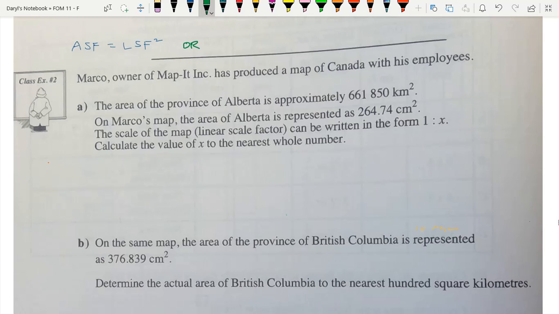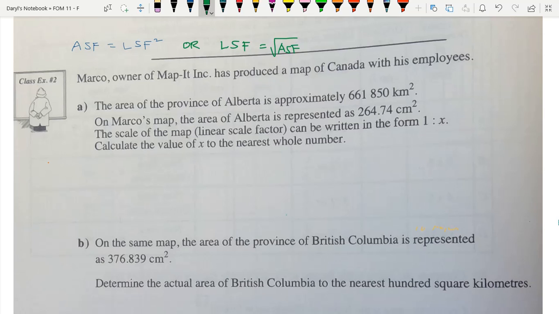We can also say that we can get the linear scale factor by getting the square root of the area scale factor. So let's take this example here.